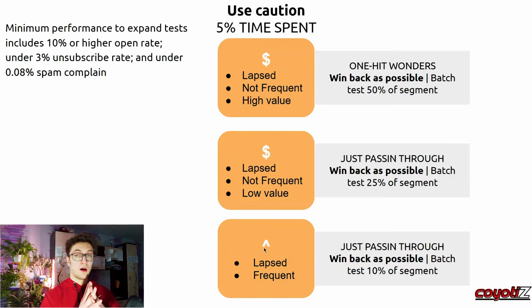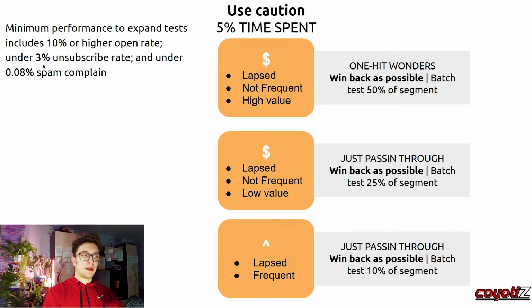So, the minimum performance to expand the task, just to throw this in for reference: minimum performance to expand tasks includes 10% or higher open rates, right? So if you see open rates in single digits, do not do that, or decrease the segment percentage, right?